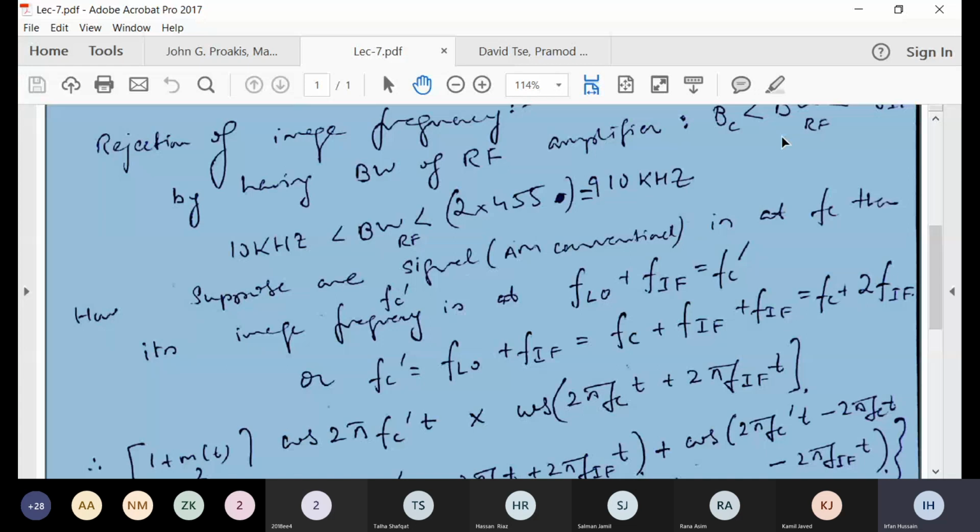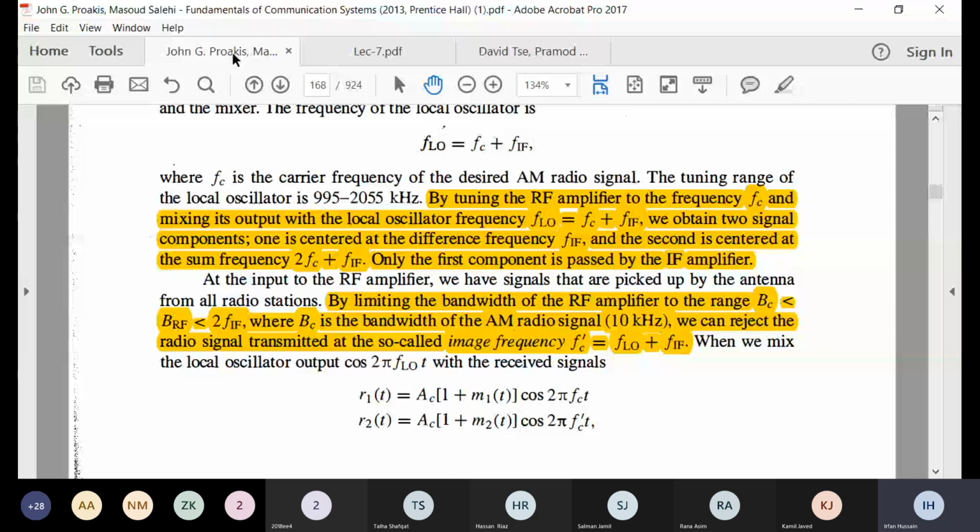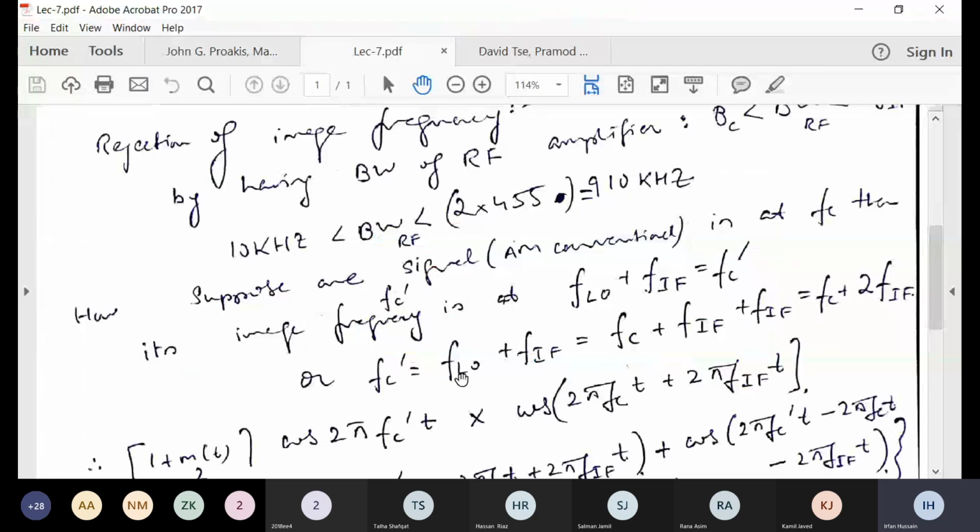You can see here in my notes that FC dash, the image frequency, is always FLO plus FIF. But what is FLO? We know FLO, the local oscillator, was actually FC plus FIF. This means the image frequency is FC plus 2IF.